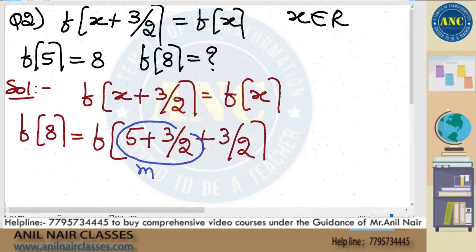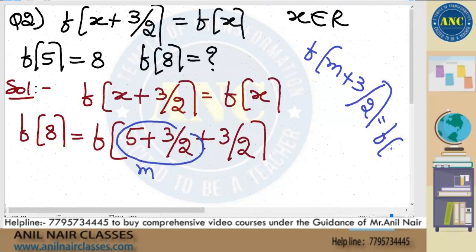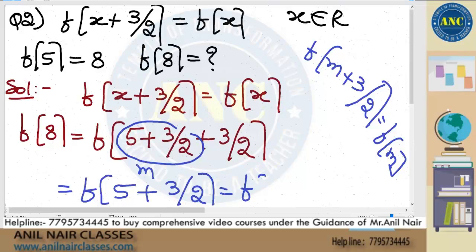Suppose I call it m: f of m plus 3 by 2 is nothing but f of m. So this is nothing but f of 5 plus 3 by 2, and again f of 5 plus 3 by 2 is nothing but f of 5. F of 5 is nothing but 8. A classic case.